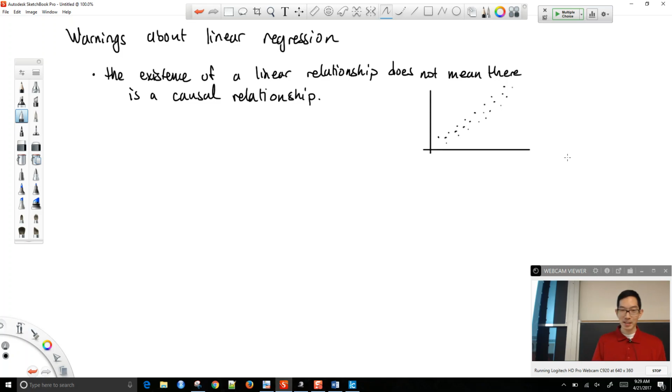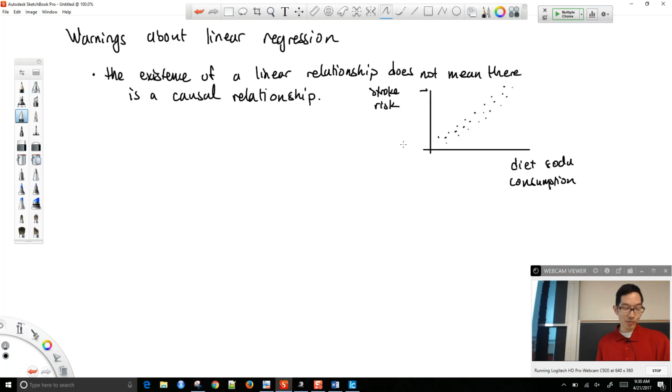I don't know if they did linear regression, I doubt it, but let's just say they did this: diet soda consumption and stroke risk.